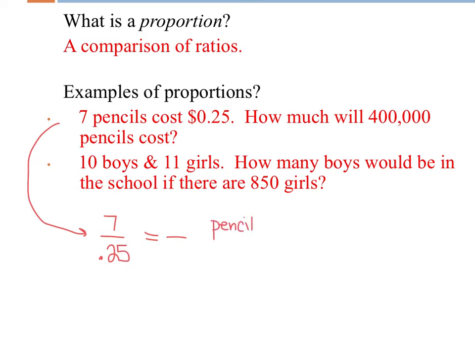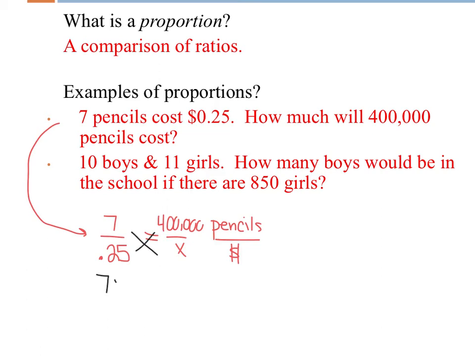So number of pencils over the cost. I can't flip that. However, I could have written cost over pencils. But then on the right side, I have to write cost over pencils. So here we have 400,000 over X. When you have a proportion, we cross multiply.